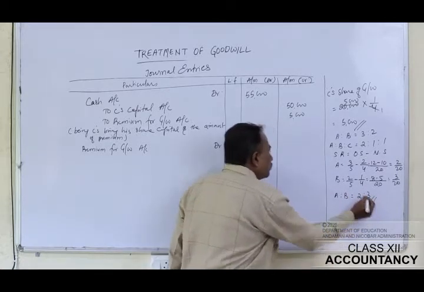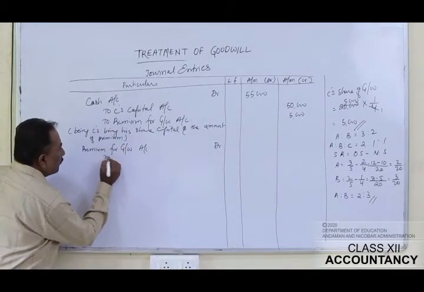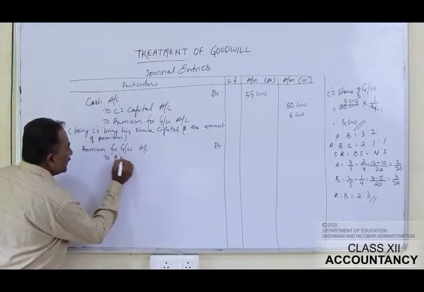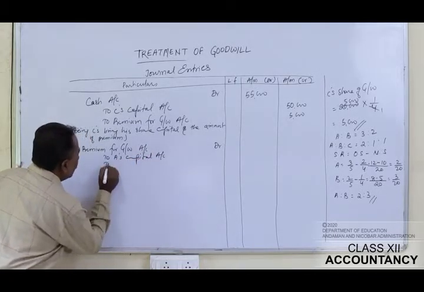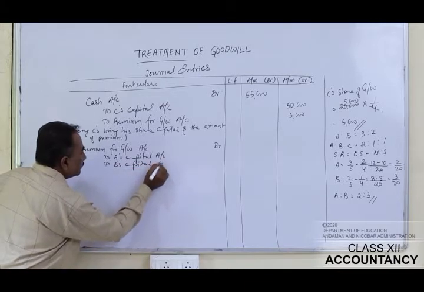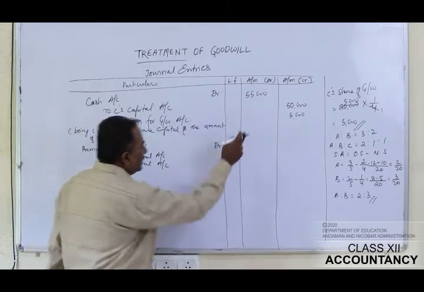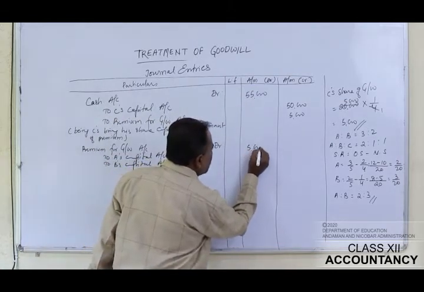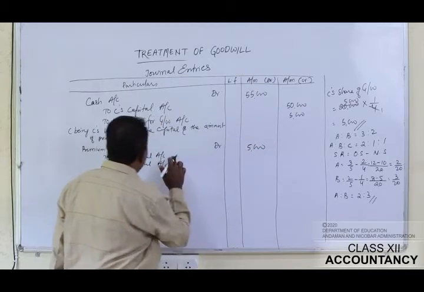Now we came to know that both the partners have sacrificed. So you can write down the names of both the partners: to A's capital account, to B's capital account. What is the amount that will be distributed between the sacrificing partners? It is rupees 5,000. Now how will this amount of rupees 5,000 be distributed between A and B?